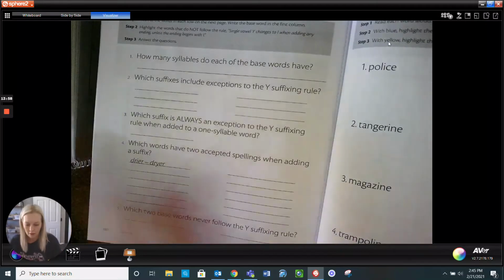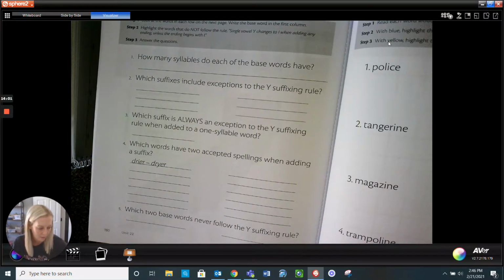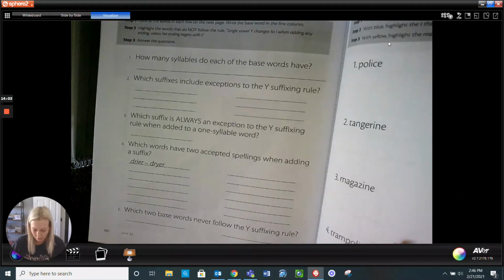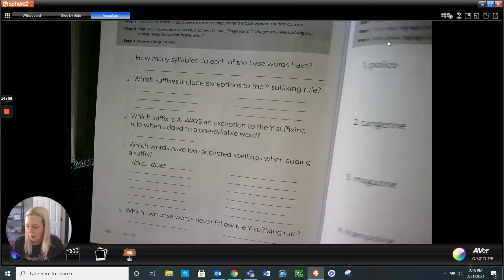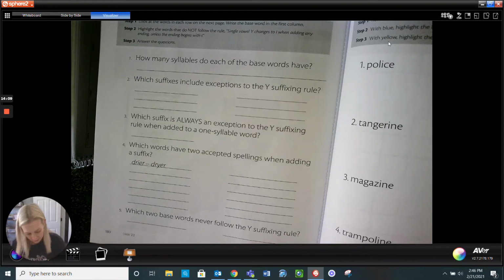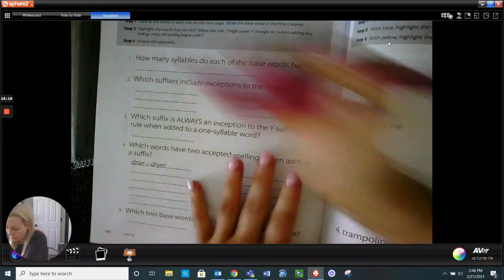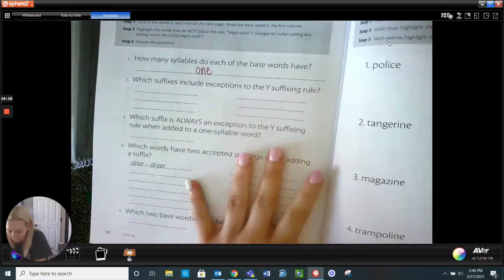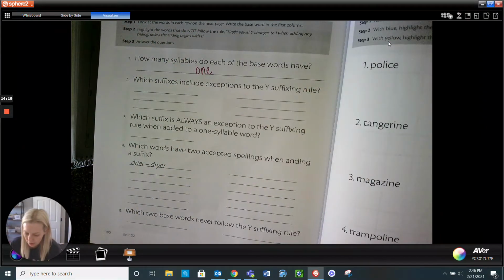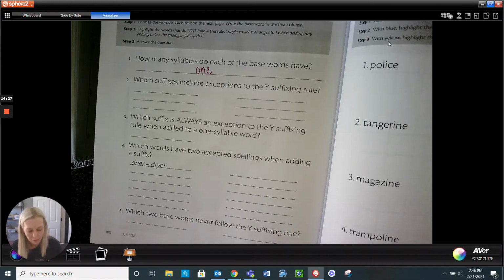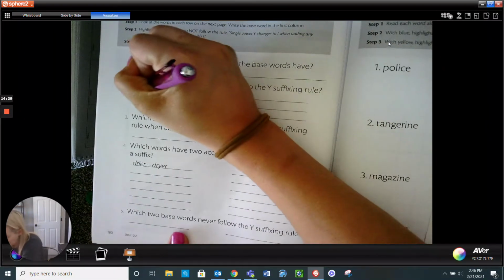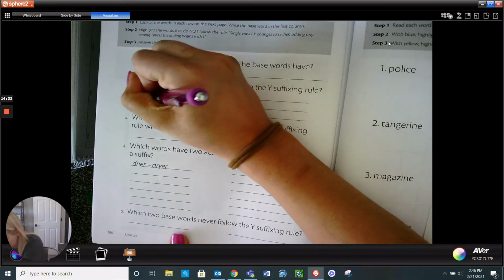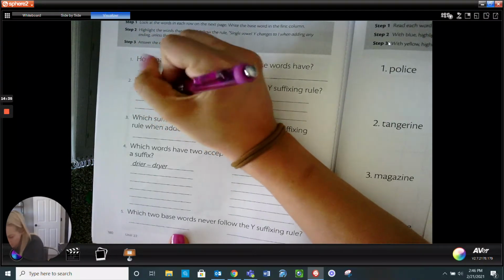All right. So, number 1. How many syllables do each of the base words have? They have 1 syllable. Which suffixes include exceptions to the Y suffixing rule? Let's see, we have the S and able, ness.